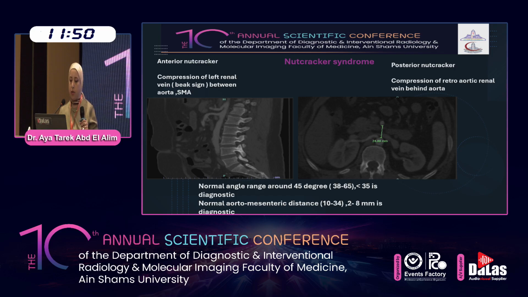These two figures show the normal angle around 45 degrees, with normal range between 38 and 65 degrees; less than 35 degrees is diagnostic. The normal aortomesenteric distance is from 10 to 34 mm, and 2 to 8 mm is diagnostic.